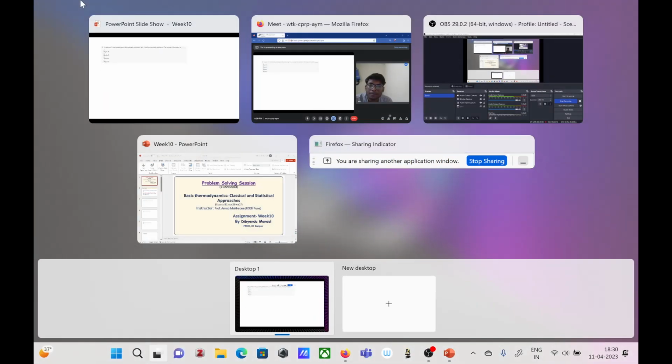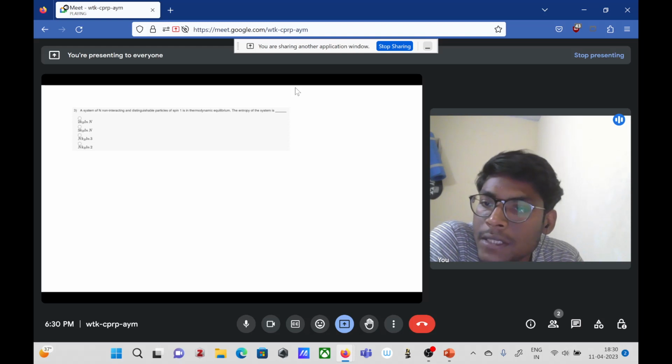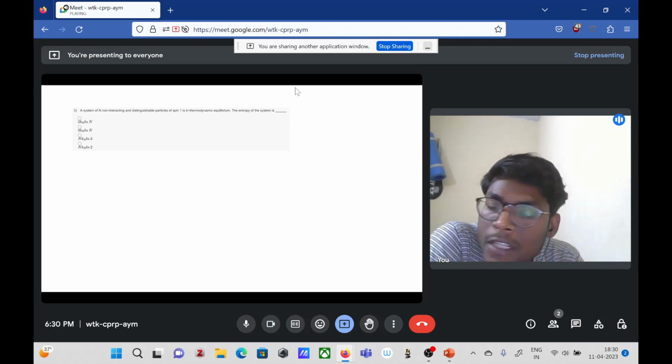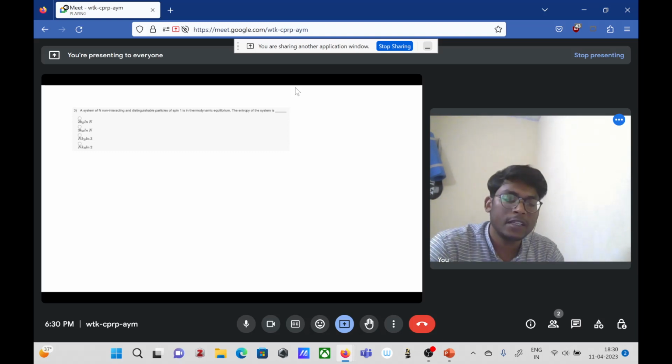Okay, so this is also a quite simple problem. The problem says a system of n non-interacting and distinguishable particles of spin 1 is in thermal equilibrium. The entropy of the system is... so we have to calculate the total microstates, and if we calculate the microstates correctly, that will lead to our entropy.